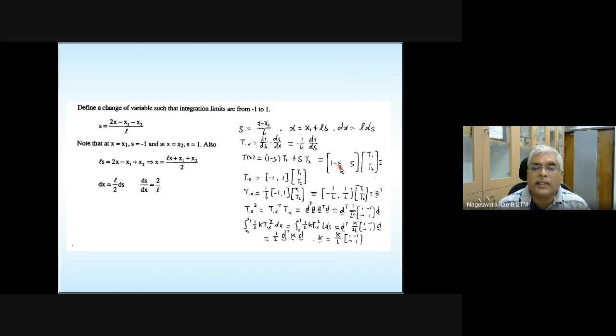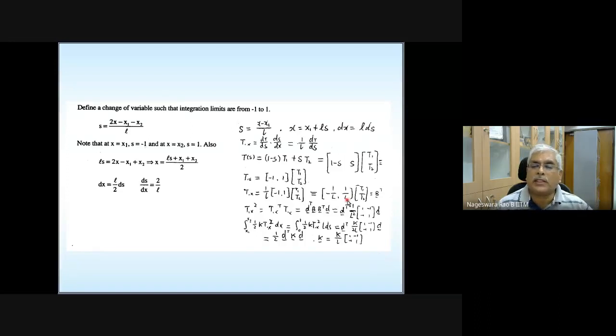And wherever dx is there, we are going to replace it with L over 2 times ds. So everything is written in terms of s. Here this d vector is nothing but t1, t2, the nodal values of the field variable. Please take a note of this.